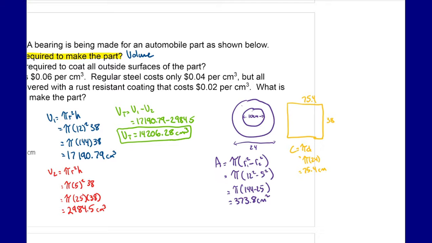Then finally, we can now find the area. Area equals length times width. So 75.4 times 38 is 2,865.2.